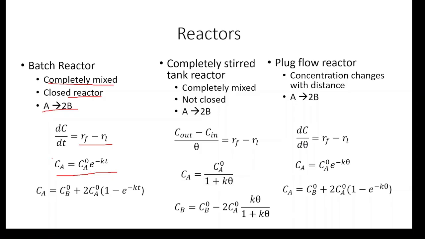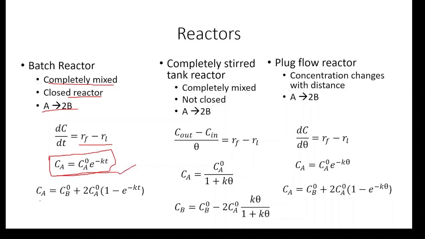So this is the equation for the reactant. Because something is reducing, that is why we have a minus sign here. If it is increasing, then we can have a plus sign. So Ca is equal to Ca naught e raised to power minus kt.